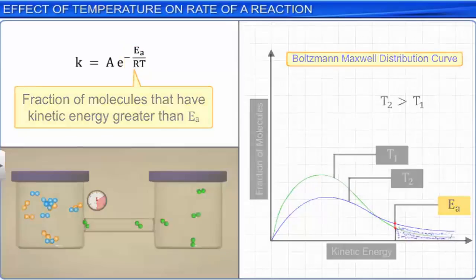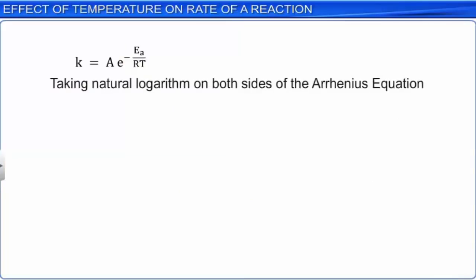Taking natural logarithm on both the sides of the Arrhenius equation, we get log to the base e multiplied by k is equal to minus Ea by RT plus log to the base e multiplied by A. Let this be equation 1.